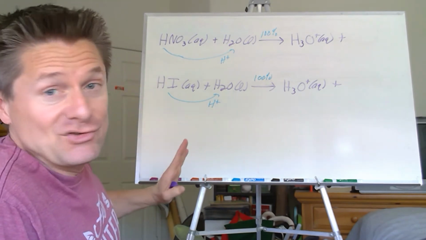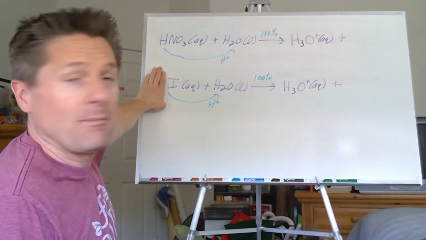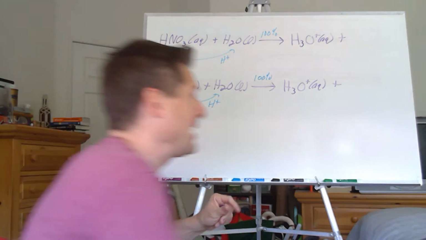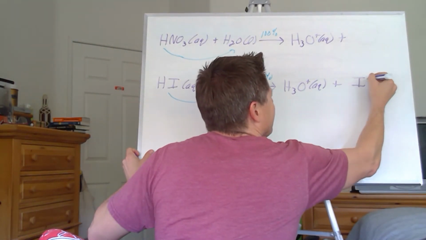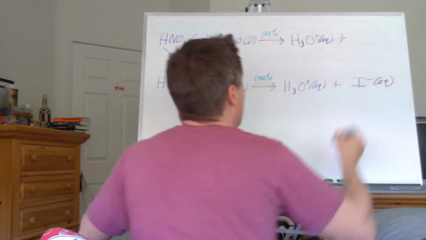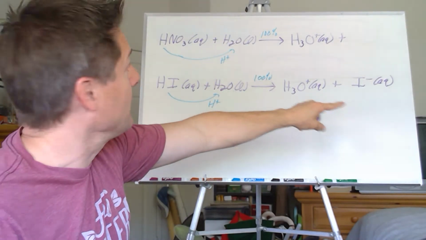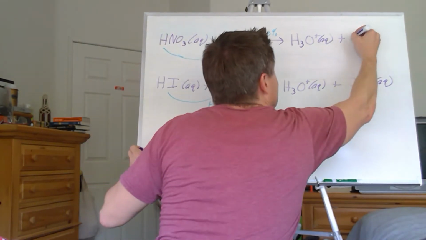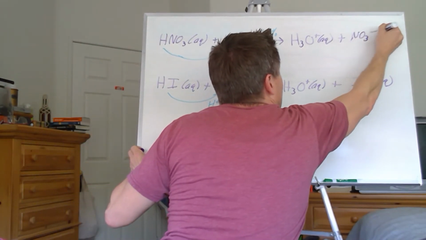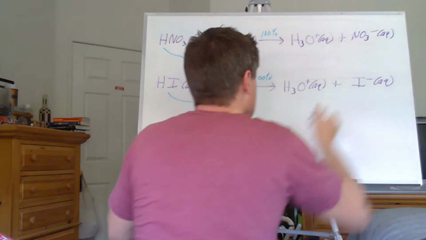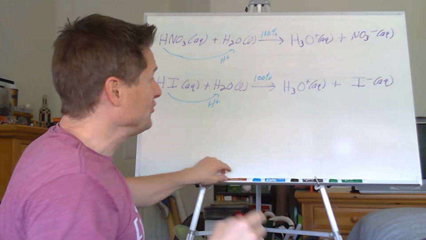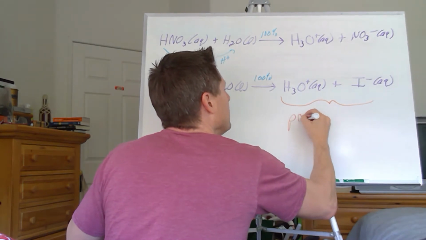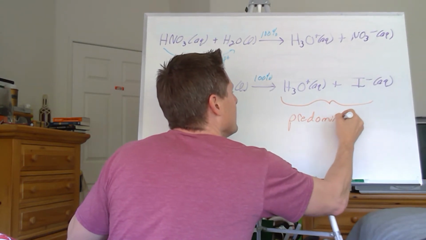And then all I do still today after 30 years, I cover up the hydrogen and go, oh, it's I. And it loses a plus, so you get I-. So it releases that. And that happens to 100% extent. Same thing here, cover up the hydrogen, you're left with the nitrate ion. And again, those occur to 100% extent, so these are the predominant species.